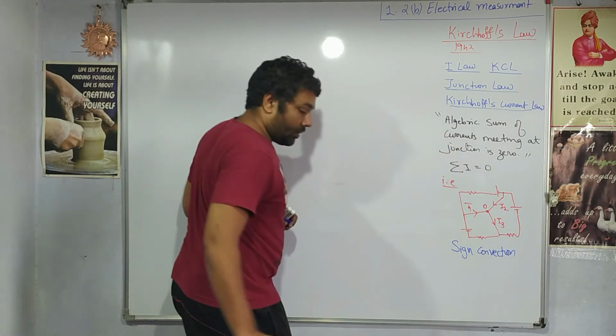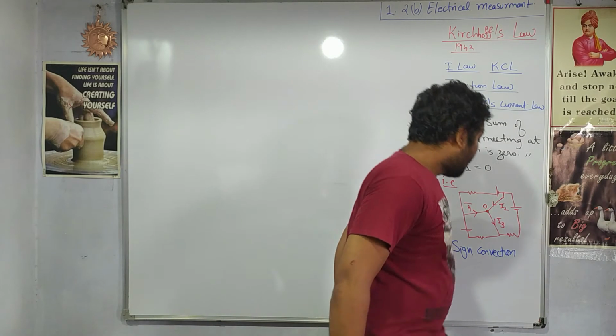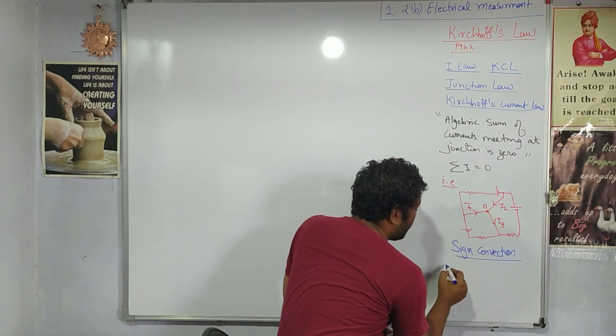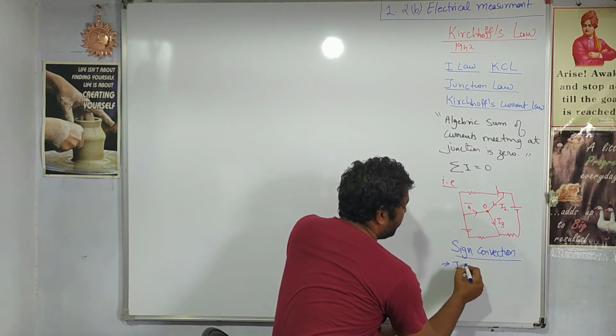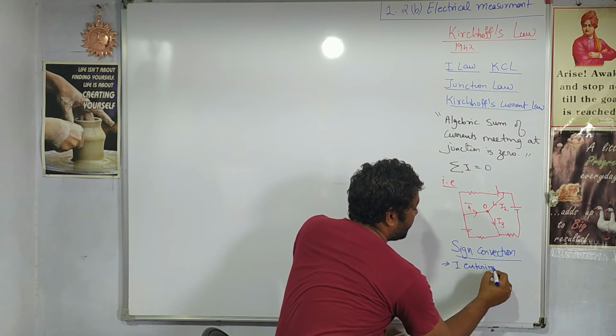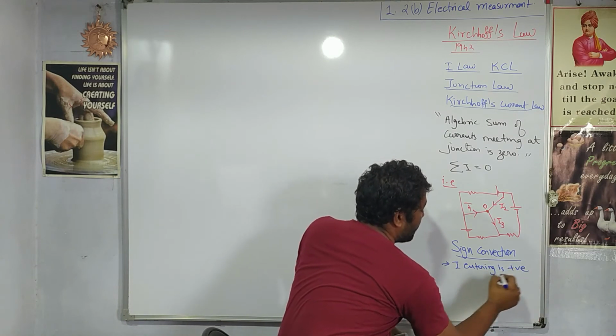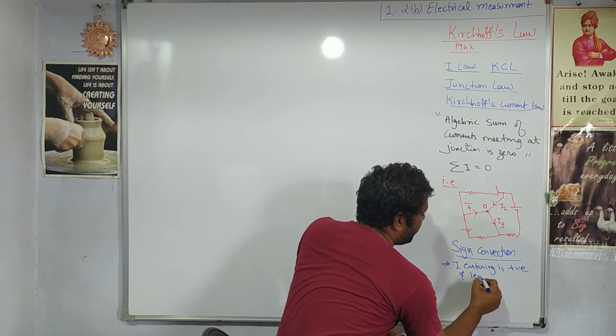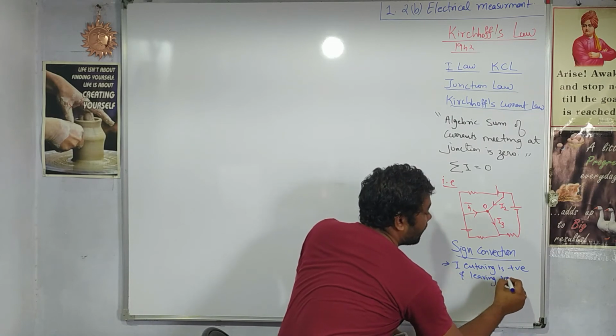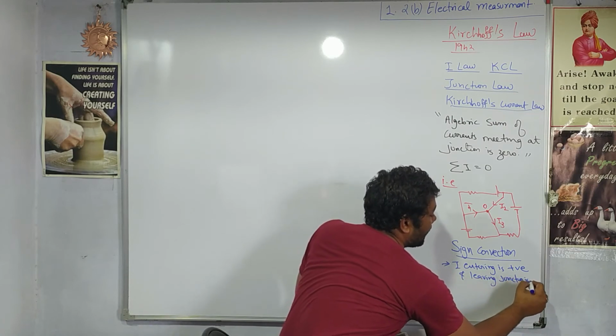The sign convention: current entering is positive and current leaving the junction is negative.